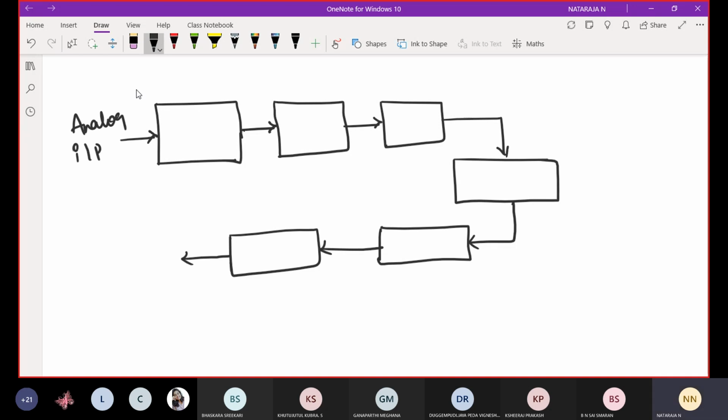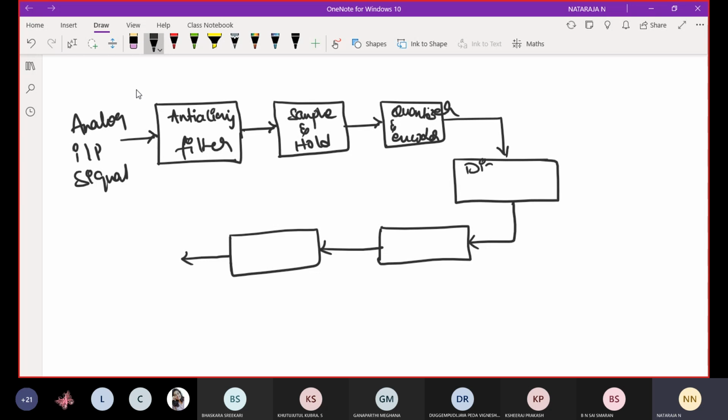This is my analog input signal. After that I am going to take the anti-aliasing filter, sample and hold circuit. This is the quantizer and encoder.